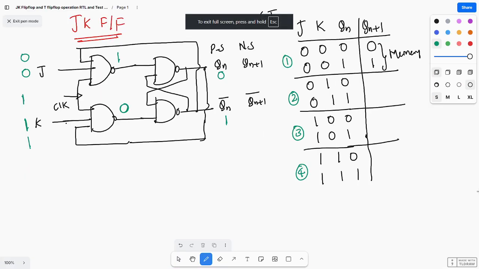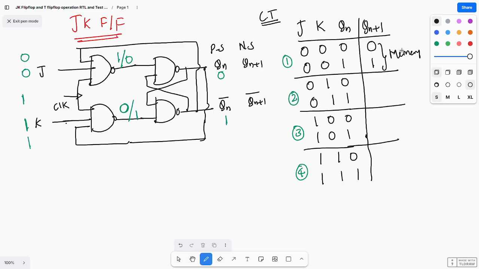Here you need to get this case: this one should be 0 and this one should be 1. So when it is 0 1, this case is what? Set state. Sorry, reset state only.